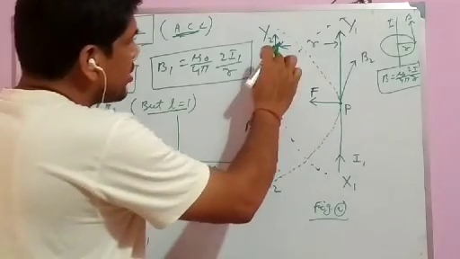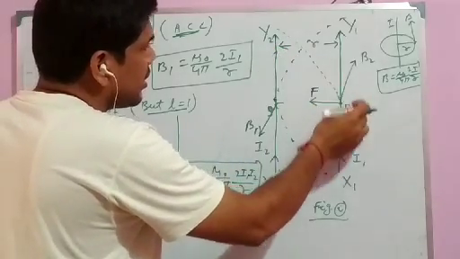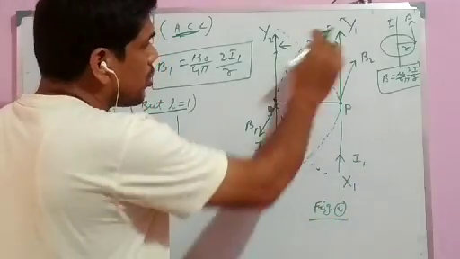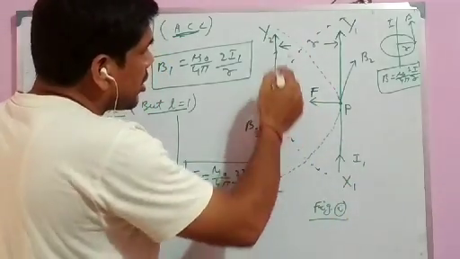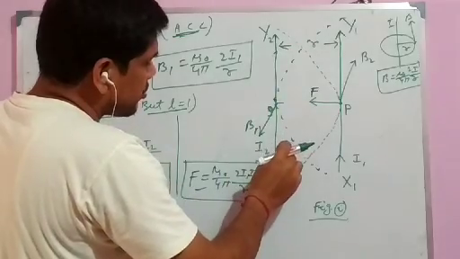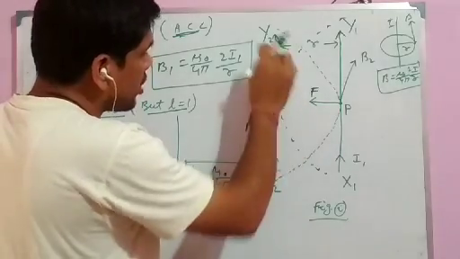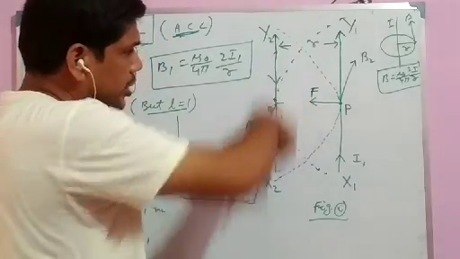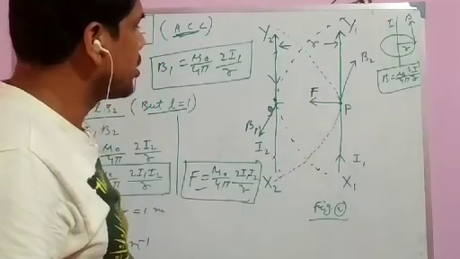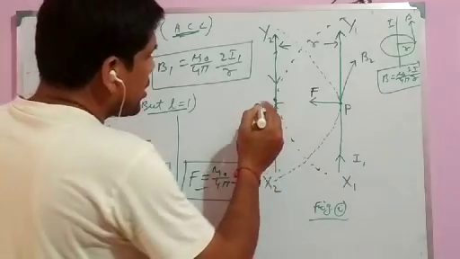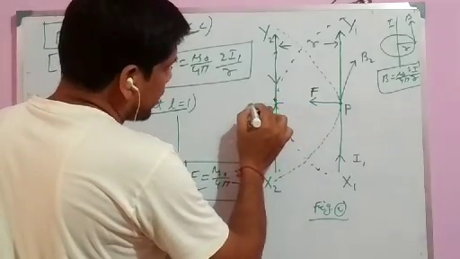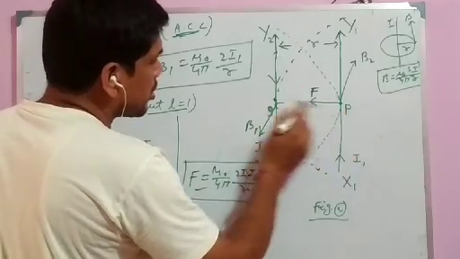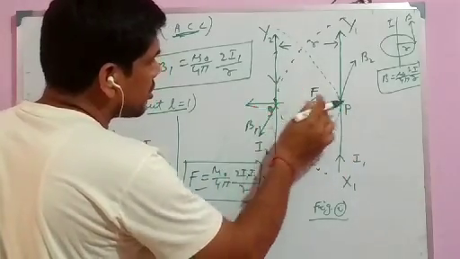Now when the direction of the current in the X1 Y1 conductor is from bottom to top, but the direction of the current in the X2 Y2 conductor is from top to bottom vertically, what happens? Then you will get the direction of the magnetic field, and the force experienced by this conductor due to the other is along this direction.